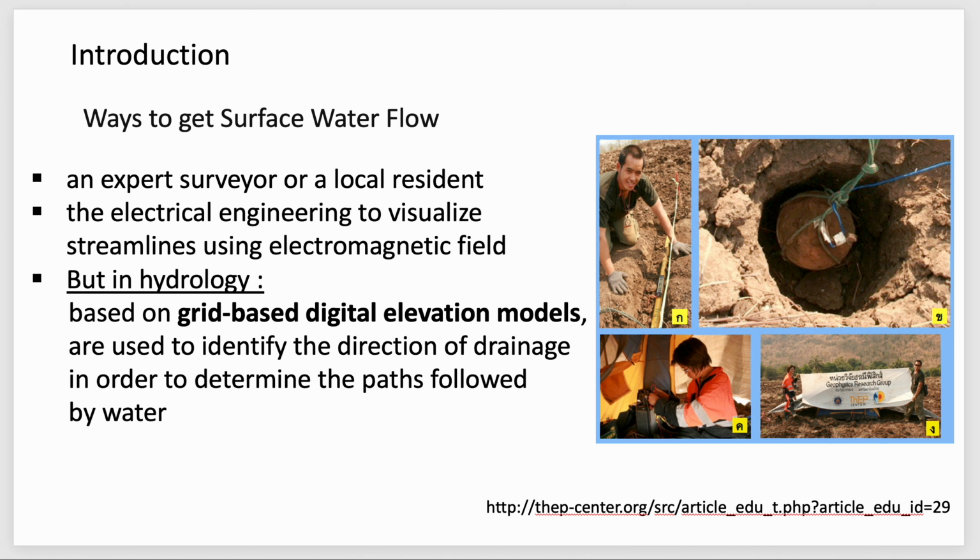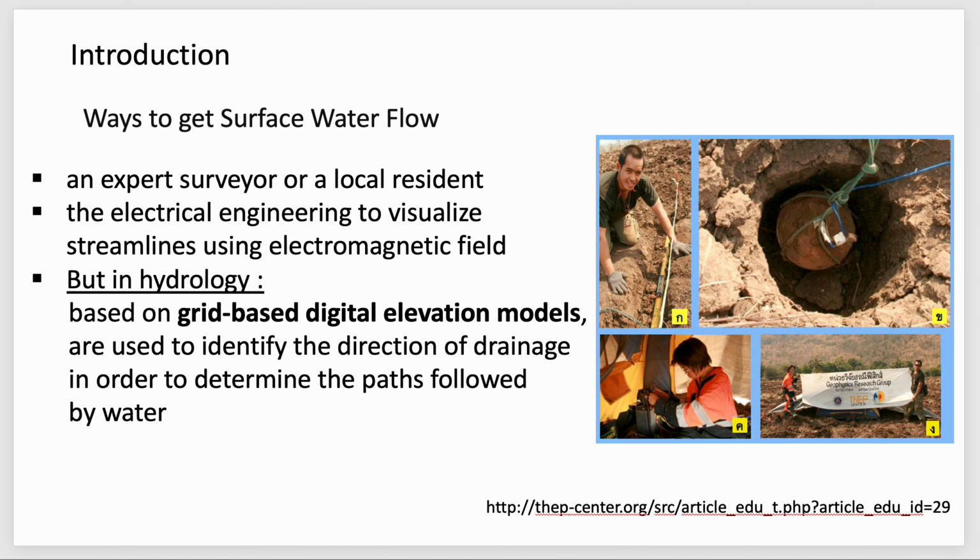The way to get surface water flow in civil engineering, the expert surveyor can do this, maybe by electrical engineering to visualize streamlines using electromagnetic field.